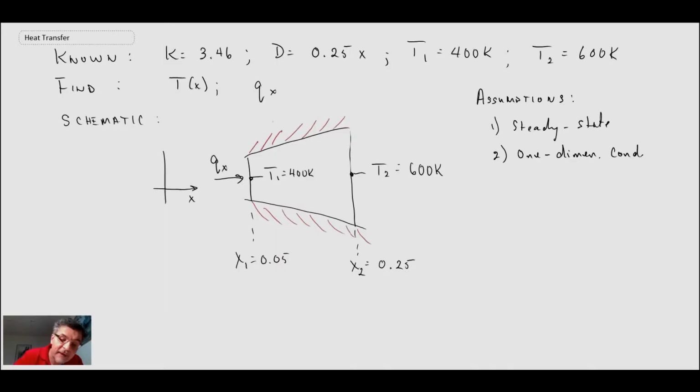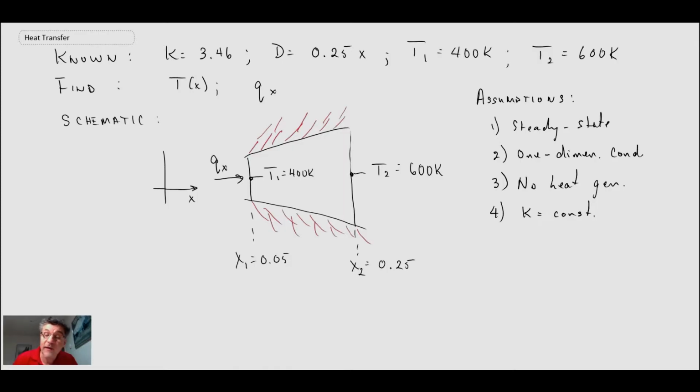That means that the surfaces are well insulated, as we've shown here. Three is that there is no internal heat generation. And the last one, which enabled us to pull the thermal conductivity out of the integral sign when we derived the alternative method, was K is equal to a constant. So K is not a function of temperature nor position within the object.